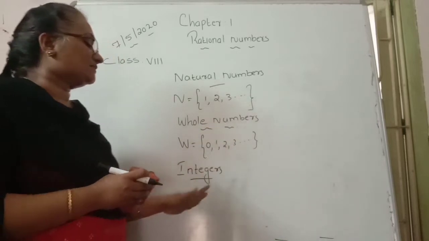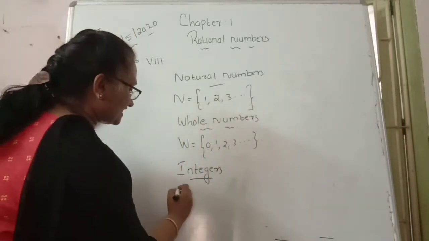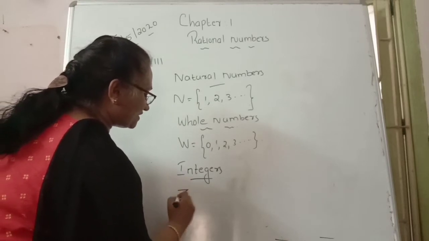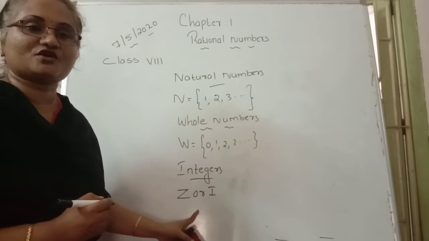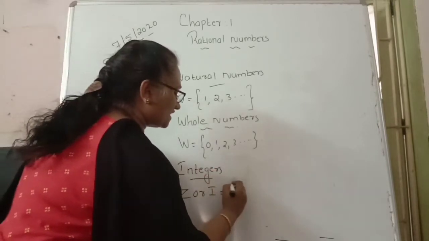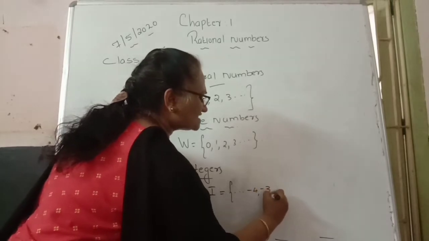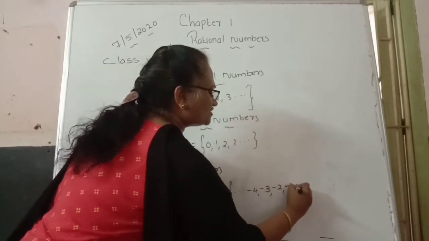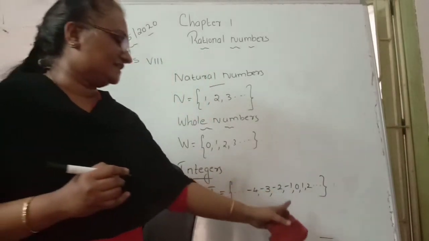Such a number pattern we call integers. Integers are denoted by the alphabet Z or I. Z or I equals set of negative integers, -4, -3, -2, -1, 0, 1, 2, etc. We call these integers.